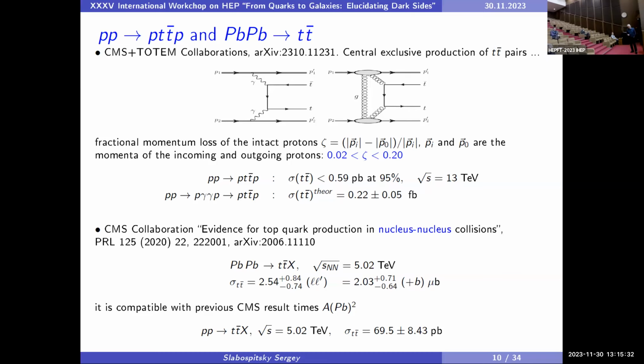If we recalculate the cross section measured for the PP collision at the same square root of S, the recalculated cross section more or less coincides with the CMS result, but the difference is about 2 times. But look, the errors are too big to consider the difference a serious discrepancy. But at present there is some contradiction between the 2 results if we recalculate this value using the A squared recommendation.